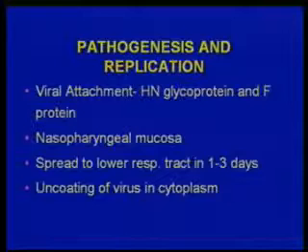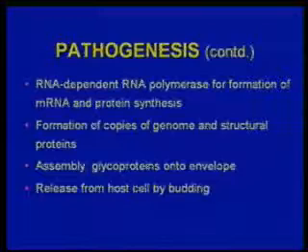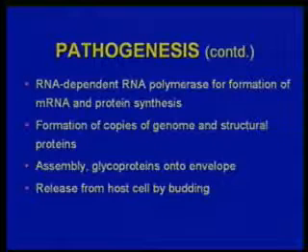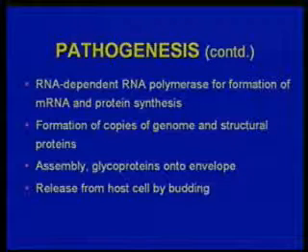And at a cellular level, once the virus attaches to the susceptible host cell, there's uncoating of the virus, entry into the cytoplasm, and then following that, the actual replication of the virus takes place. I do not want to go into a whole lot of detail on viral replication because that has been covered in a lot of detail elsewhere.